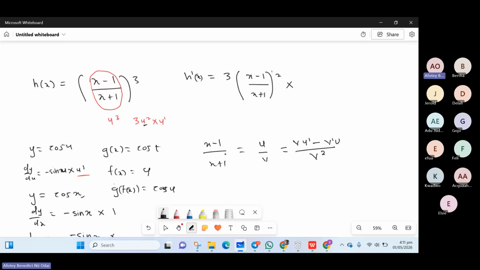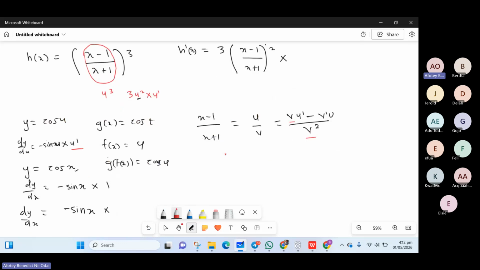The order is very important. If you swap this, you will get a negated form of the answer, right? So you first go with the v, then u prime, minus v prime and u, right?